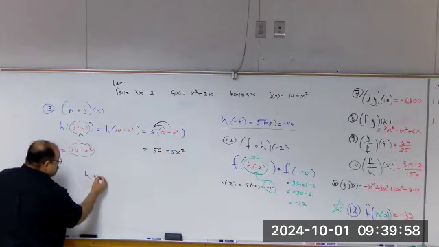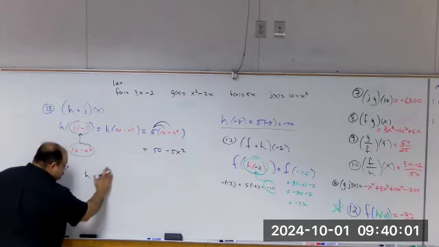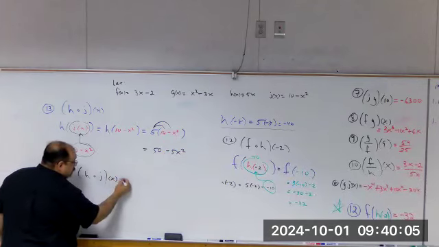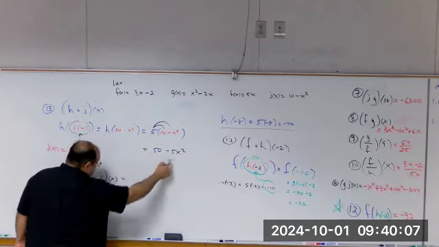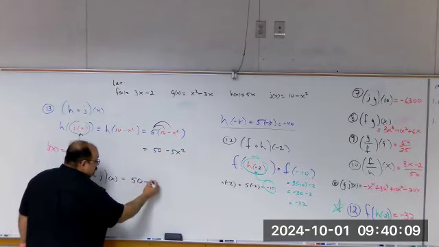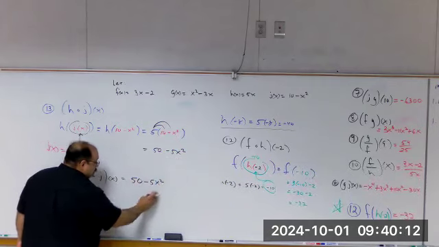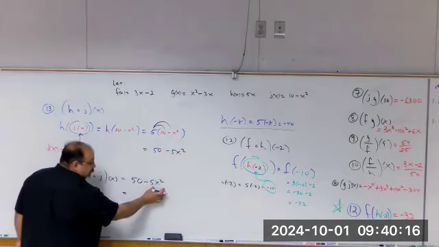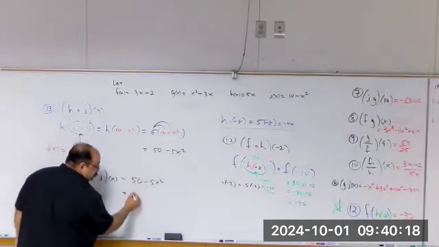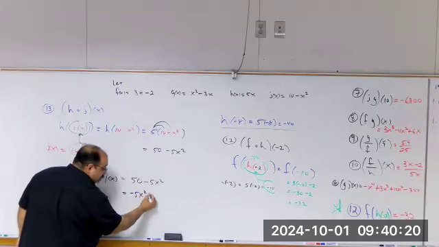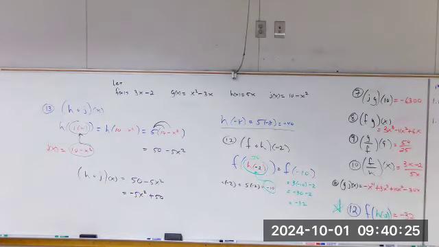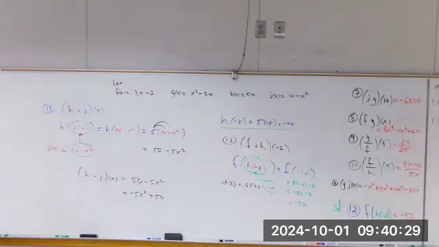So H circle J of X is, and it's perfectly fine to write it like that, 50 minus 5x squared. But it's always important to know that we write the biggest power first. This would be better: negative 5x squared and then positive 50. I'll take either one. If you're worried about messing up the sign, then leave the first one.